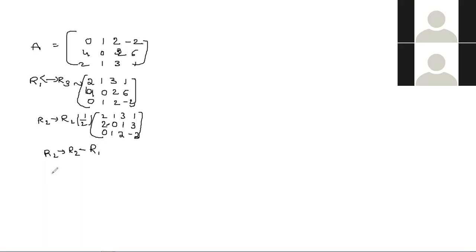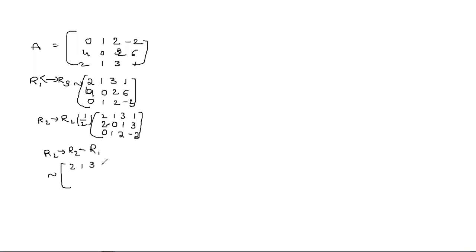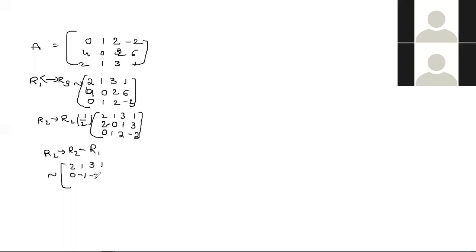So r2 minus r1 gives 2 1 3 1, and next 2 minus 2 is 0, 0 minus 1 is -1, 1 minus 3 is -2, 3 minus 1 is 2, and here we have 0 1 2 -2, right?